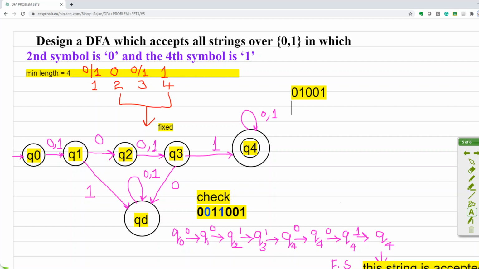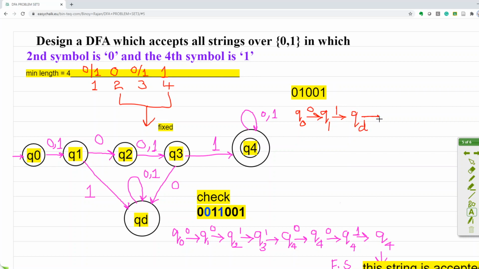Okay, so it's Q0 with 0, and I reach Q1, and Q1 with 1, I reach QD. QD does not have an outgoing transition to other states, it only has incoming ones.